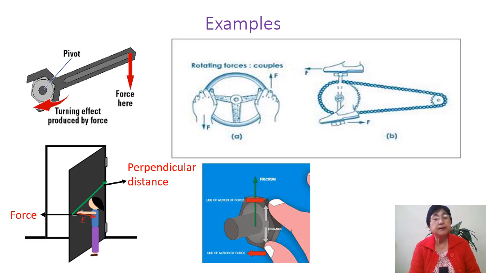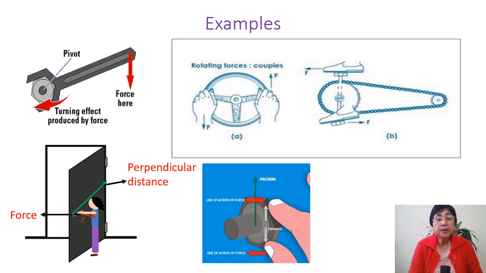We have the handle here, so the force will be applied here, at the highest distance from the axis of rotation where it is pivoted. So this is the perpendicular distance and here is the force. All right, so at a maximum distance. Why do we do so? Because we want maximum turning of the door to open it or to close it.